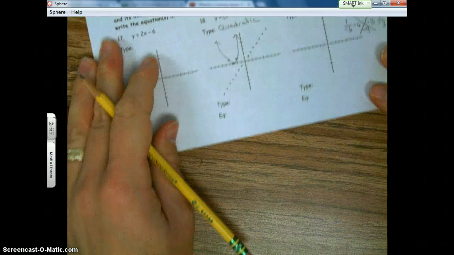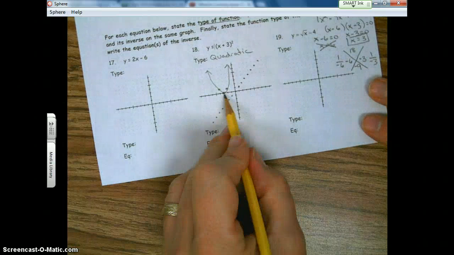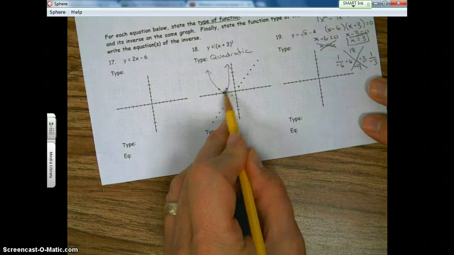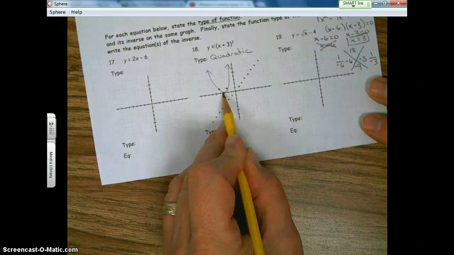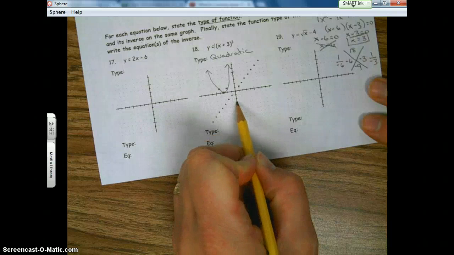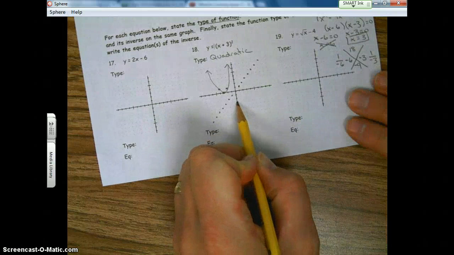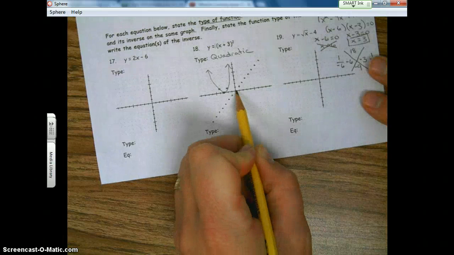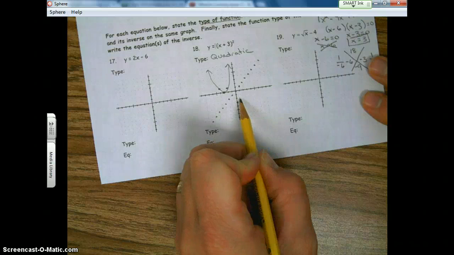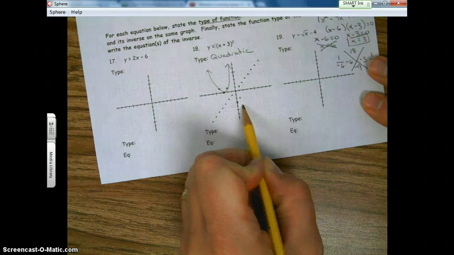Time will run out. Now, to get the inverse function, remember we switch the x and the y. So this is negative 3, 0. So we're going to use 0, negative 3. This one's negative 2, 1. So we're going to do 1, negative 2.